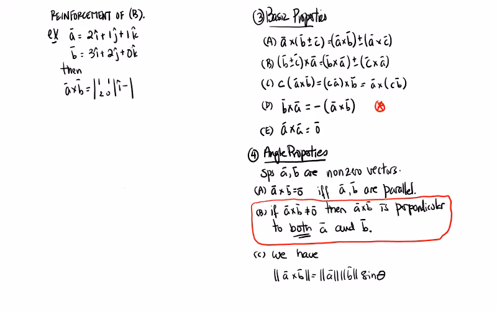For the j component, we have 2, 1, 3, 0. For the k component, we have 2, 1, 3, 2. So here we get 1 minus 2, which is negative 2i. 2 minus 0, minus 3 times 1 is negative 3, but that's a minus, so plus 3. And 2 times 2 minus 3 times 1, this is plus 1.